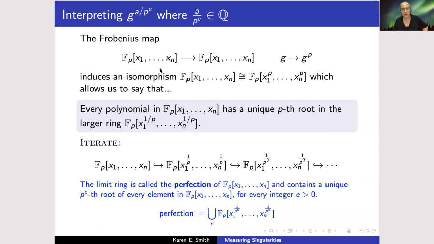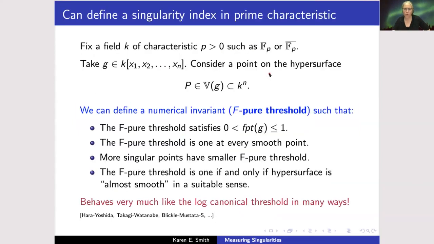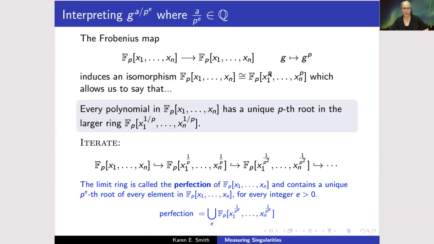So the Frobenius map is a ring homomorphism, and so it gives us an isomorphism onto its image. The image of a ring homomorphism is always a subring of the target ring. In this case, the Pth power map gives the subring generated by all the Pth powers in the ring.